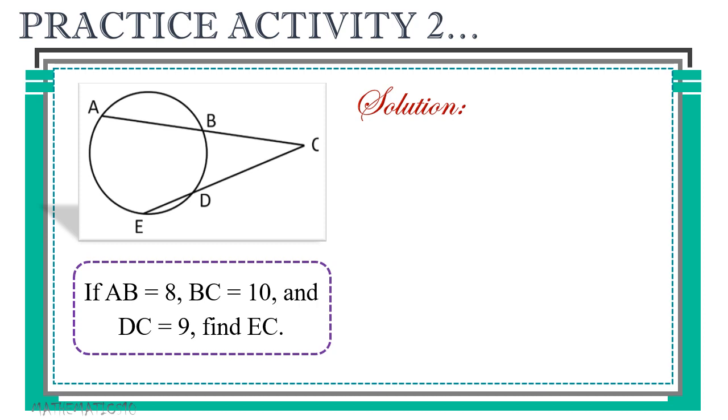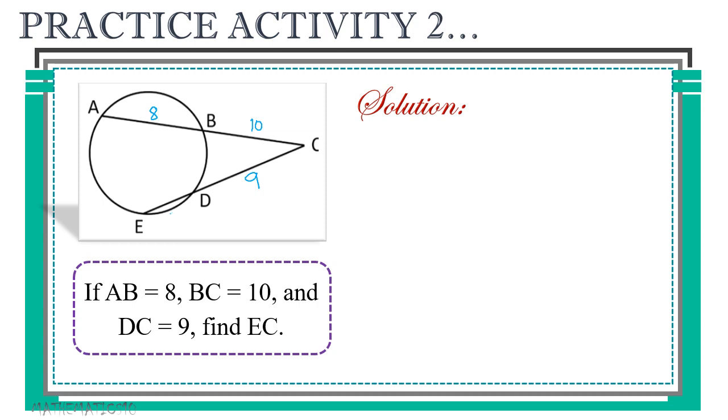Okay, so one last example on this. Again, my tip is you start with putting the labels or givens in our illustration so that you can easily distinguish the data. AB is 8, BC is 10, DC is 9, and you are asked to find, again, the measure of the entire secant EC.